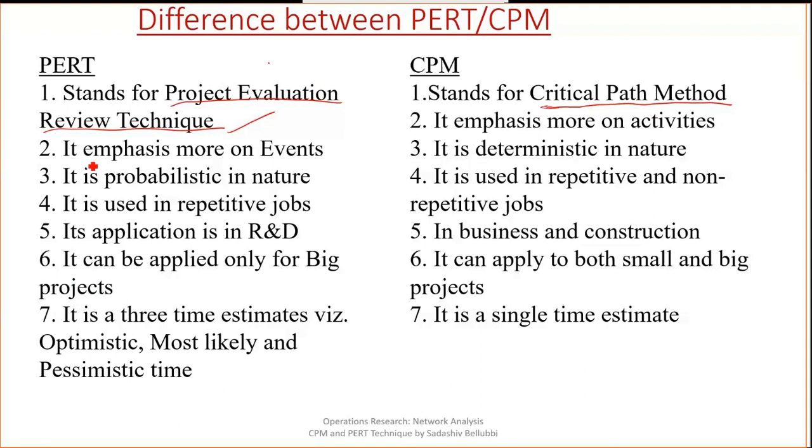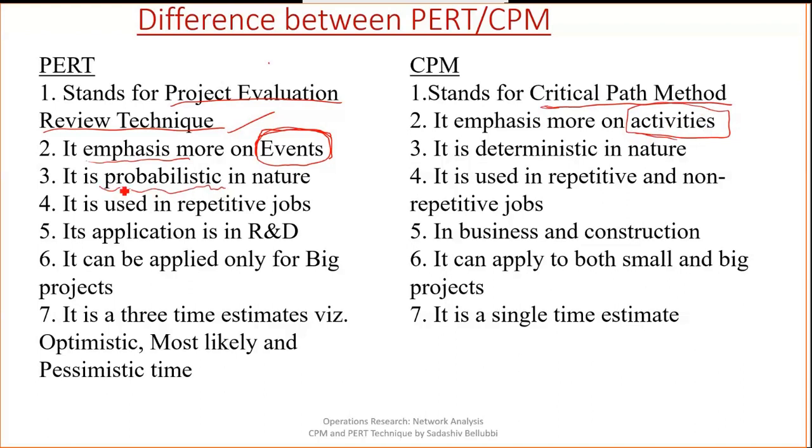PERT puts more emphasis on events. Till now you don't know what an event is, but I'll explain it after this topic. PERT emphasizes events, whereas CPM emphasizes activities. PERT is probabilistic in nature.